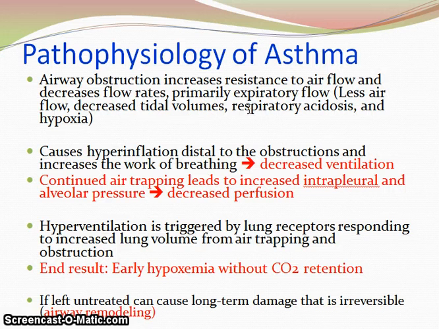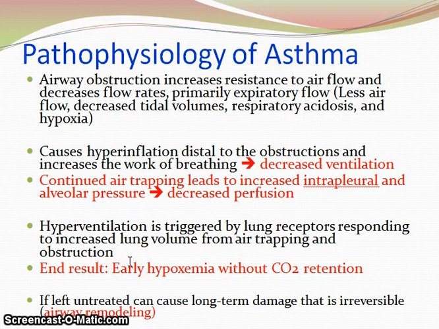All right. This causes hyperinflation distal or past the obstruction because air can't get out, all right, and increases the work of breathing. So we have a decreased ventilation, which means we're going to see CO2 levels climb. All right. The air trapping is going to increase as they try and suck air in, and they have a decreased perfusion.